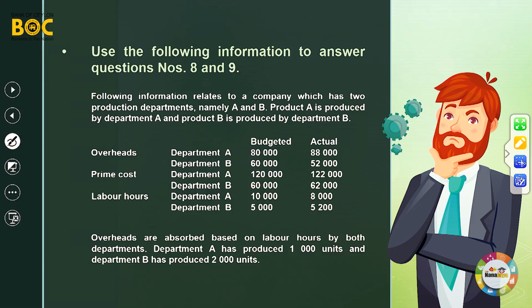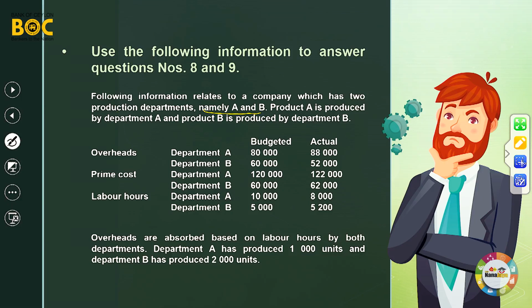The following information relates to a company which has two production departments, namely A and B. Product A is made by department A and product B is produced by department B. Overheads, prime cost and labor hours are given as budgeted and actual for each department.